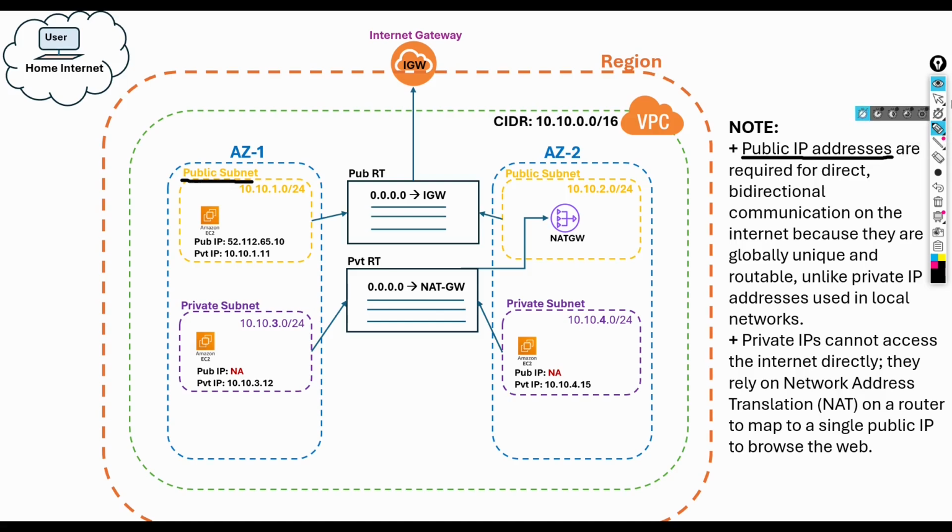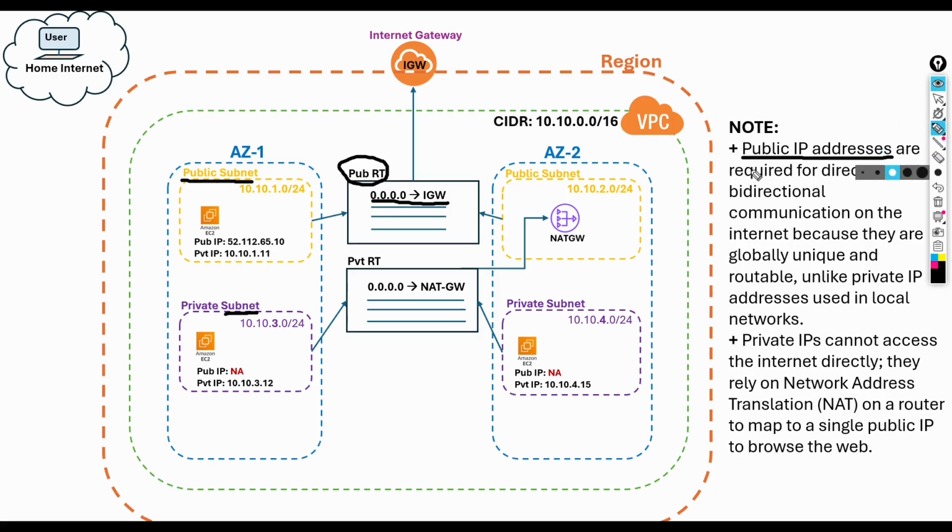In simple language, the definition of a public subnet is a subnet which has a default route towards the internet gateway in its route table. The subnet which doesn't have a route towards the internet gateway in its route table, we call it a private subnet. That's it. That's the definition of public subnet and private subnet.